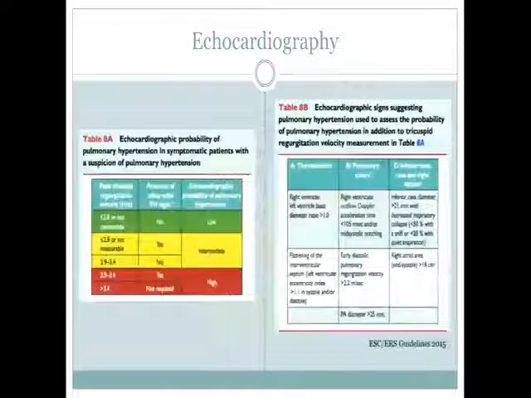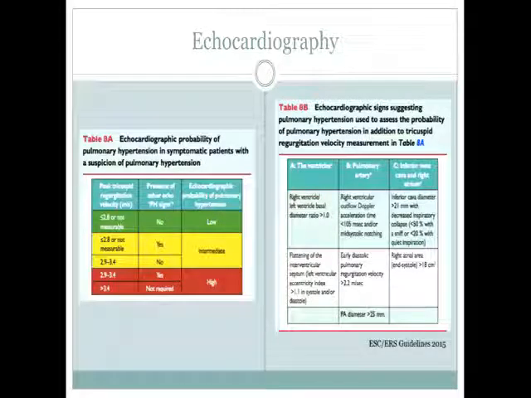Whereas in their most recent guidelines in 2015, they mainly use the tricuspid regurg velocity and not the PA systolic pressure.